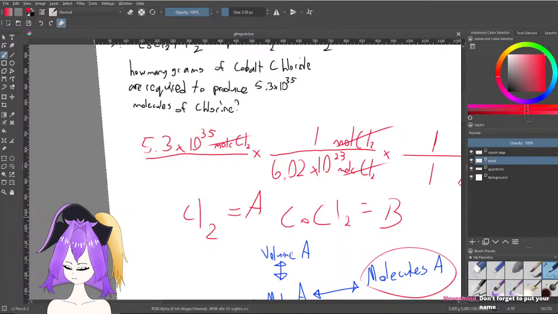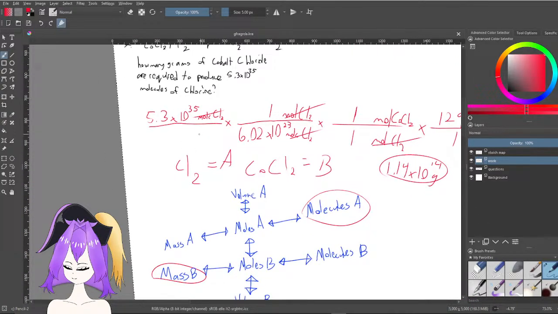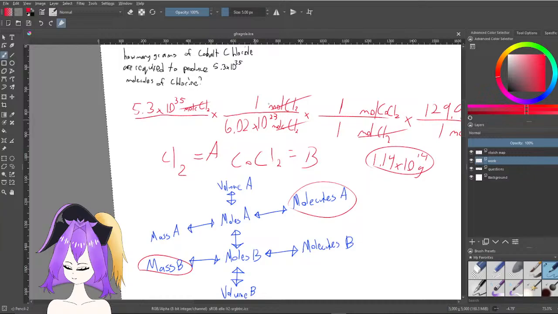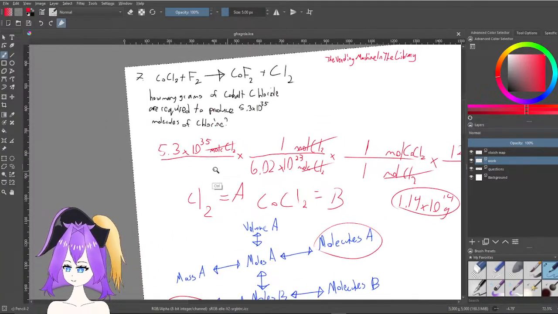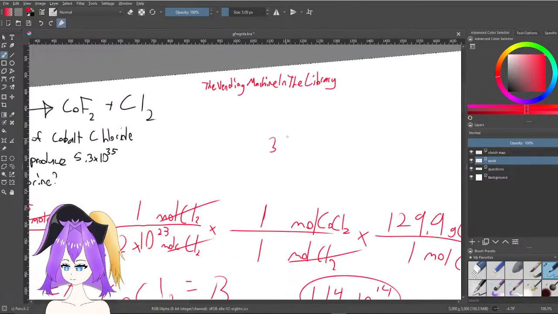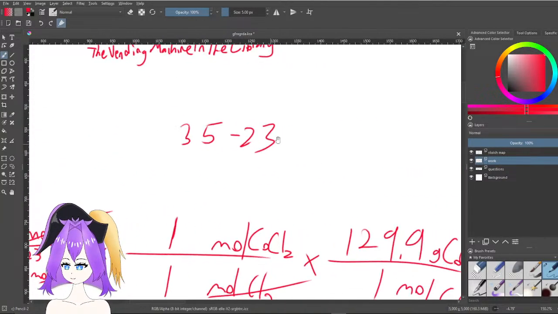Does it make my head hurt? Like unironically. Oop, I accidentally killed the BGM. Hold on, let me fix that. Here we go. So this is weird, because when I go from molecules of chlorine to moles of chlorine, the difference is so huge, like 35 to 23.